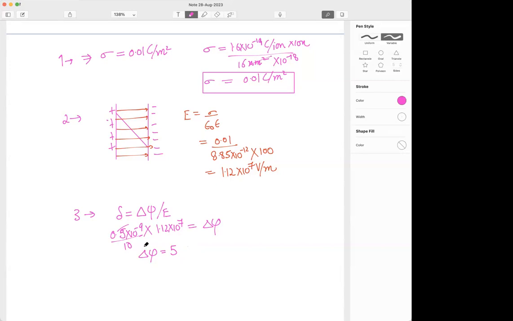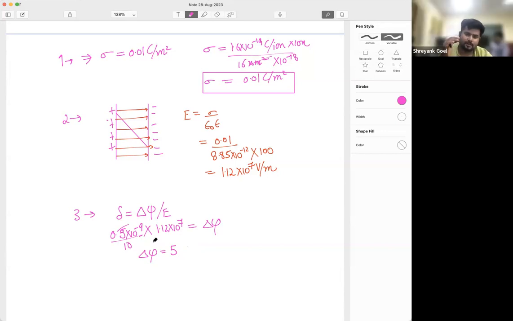Suppose more than one surface is there, then that many numbers will be multiplied. No, that depends on how you model the capacitance. If you model it in terms of capacitance, with two EDLs as in a parallel plate capacitor, then it's like two capacitors in parallel. Then you resolve it like that and find the equivalent capacitance, like the basic electrostatics.